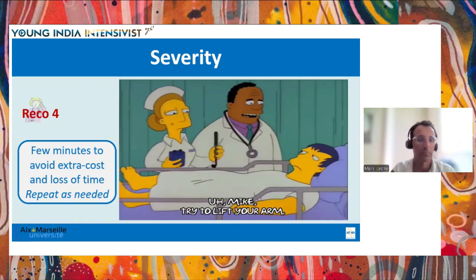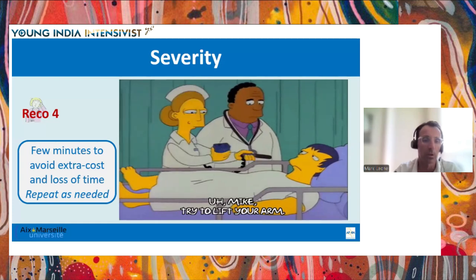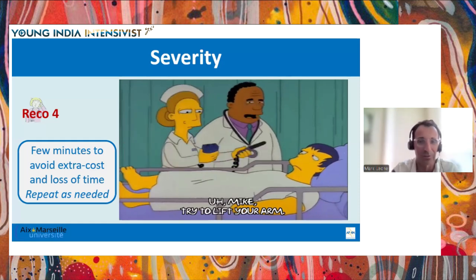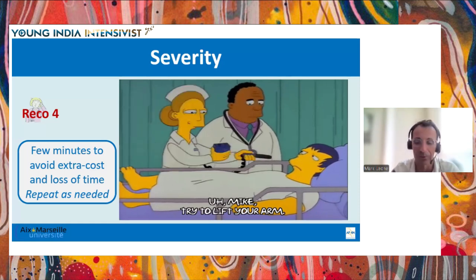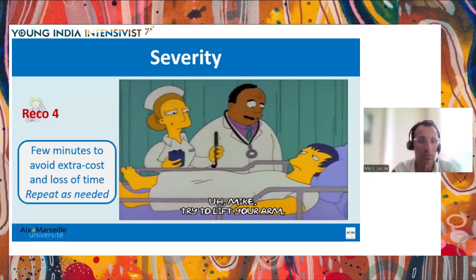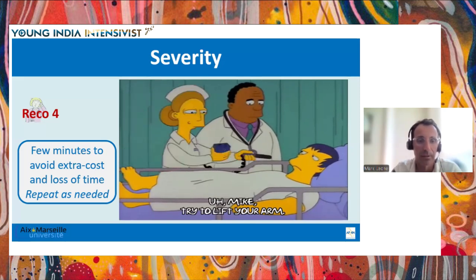So use a few minutes, a few seconds, to avoid extra cost. You can like a lot of devices, that's really fun, but don't lose too much money when you can do the thing very easily for free using just clinical examination.